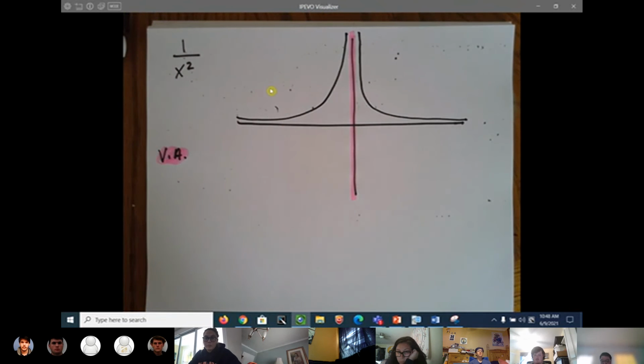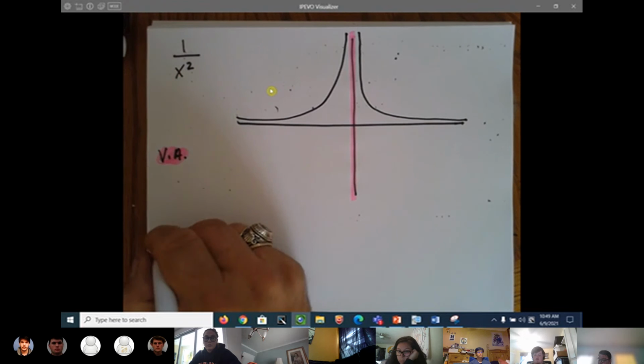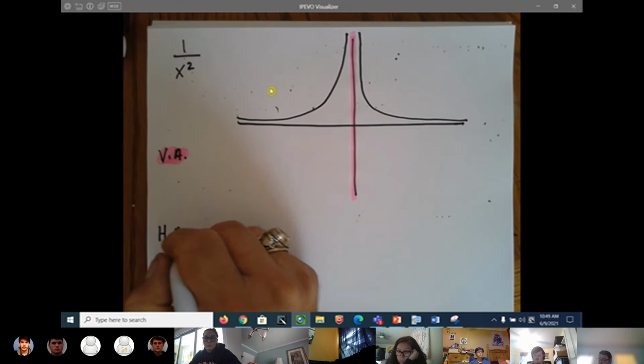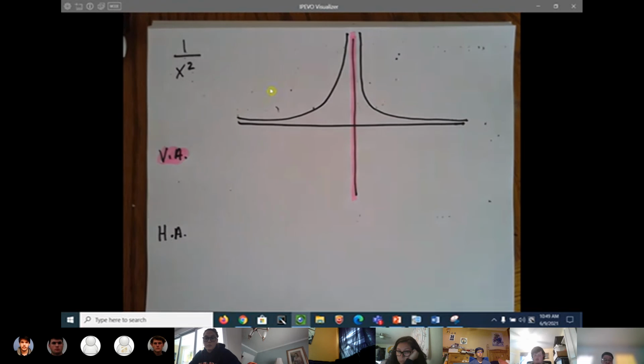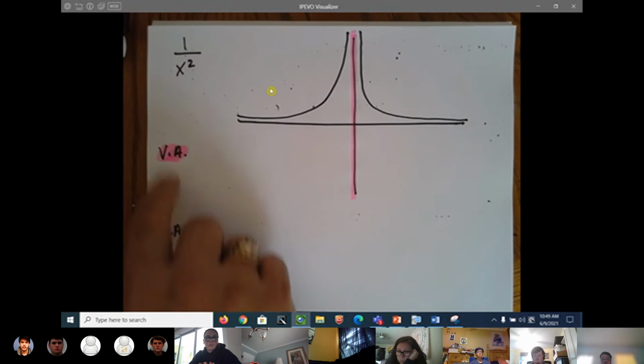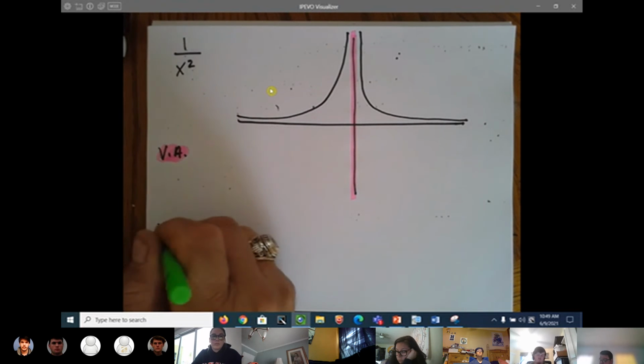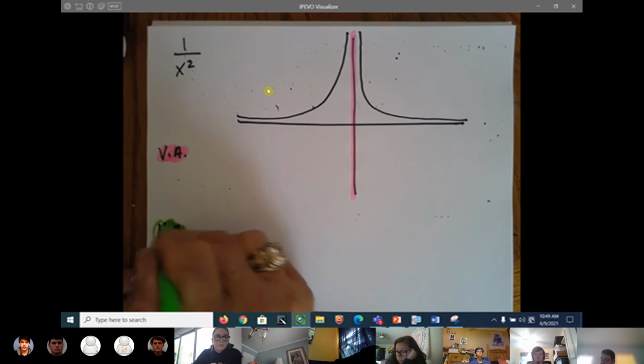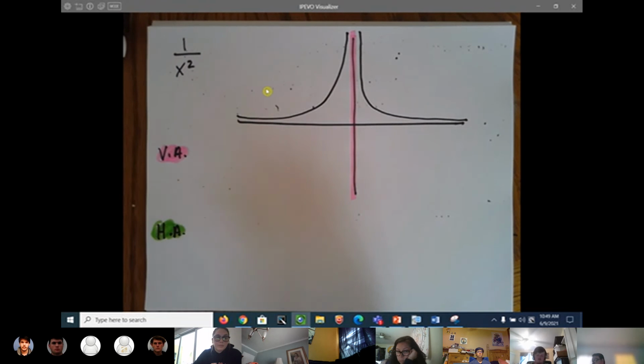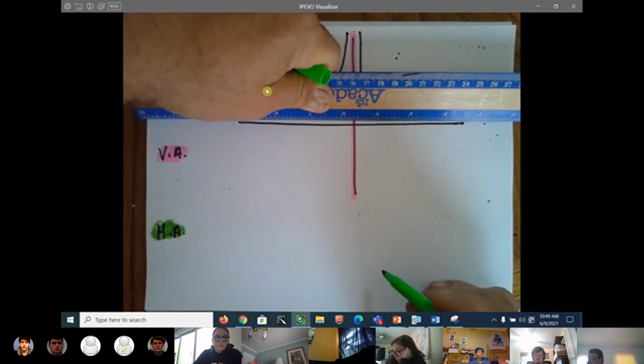Your horizontal asymptote, and from here on out, I'm not going to write asymptote every single time. Those are your two: vertical asymptote, horizontal asymptote. Your horizontal asymptote is y equals 0, which is the x-axis.